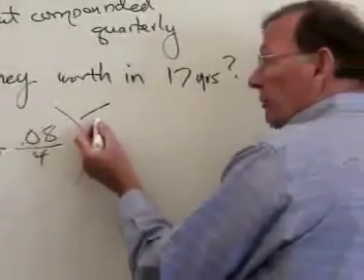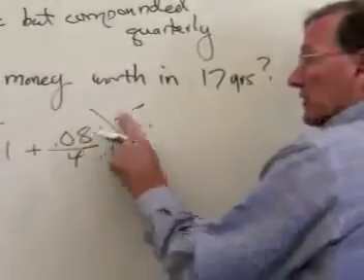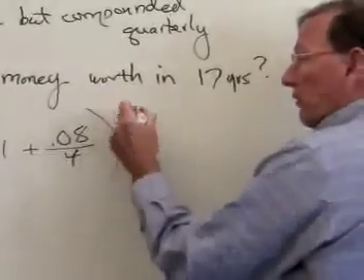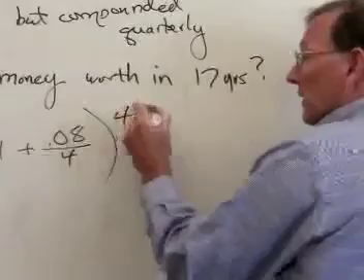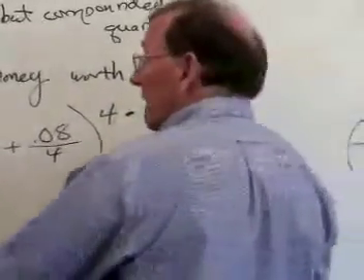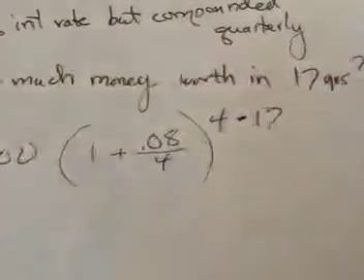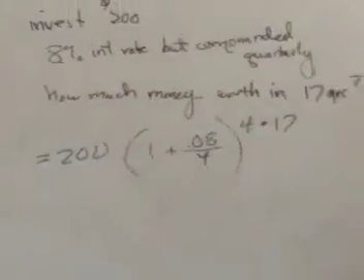And your growth period is 1 quarter, but rather than divide by fractions, you realize I want to do that 4 times a year, for 17 years. So that's how many times you'll be doing that. And then, of course, you have your initial amount. And there's the calculation you need to do a compound interest problem.